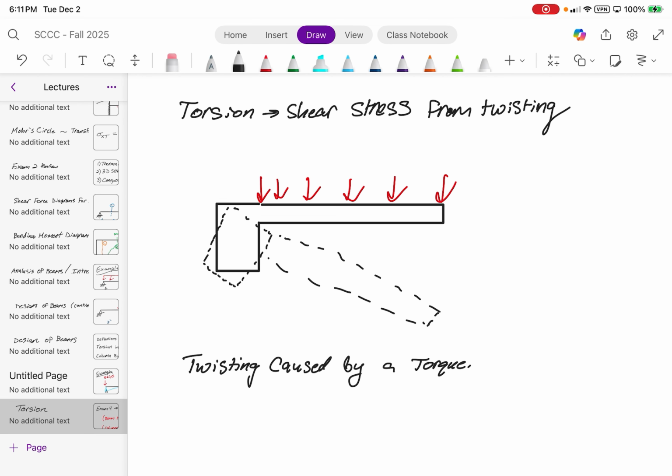All right? Now, if we use Hooke's law and focus primarily on this part here, does anyone remember what Hooke's law is? Think back to the first weeks of class.